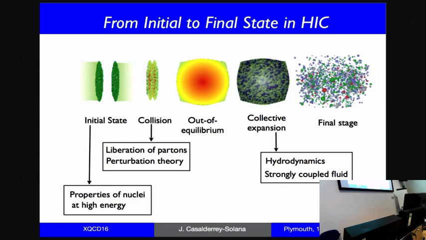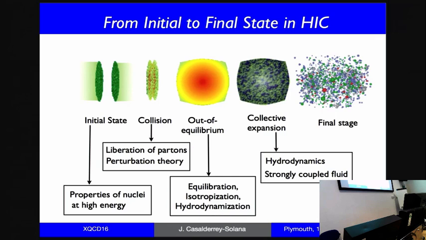And to do that, at least in QCD, there are different regimes in which one uses different theoretical tools: from the liberation of partons in this initial very high energy collision, in which one usually relies on perturbation theory, to the subsequent many collisions of those partons that lead to some equilibration, or maybe an isotropization of the matter, or as it's becoming more and more popular these days, hydrodynamization, and I will say more about this complicated word.